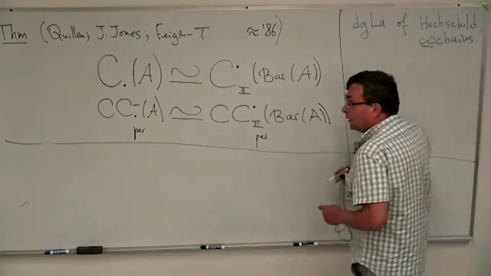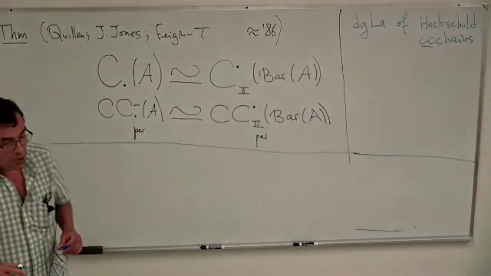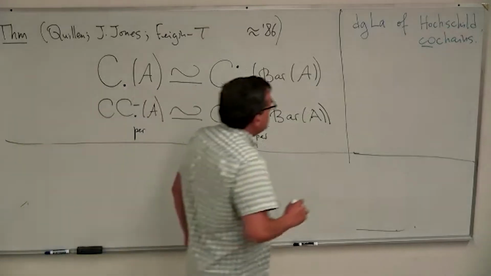the differential graded Lie algebra of Hochschild cochains. So what is this?